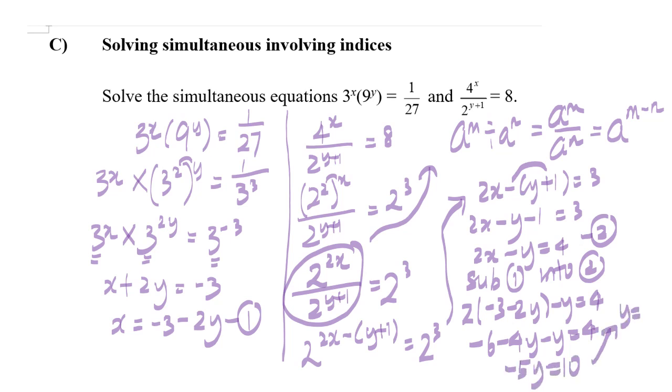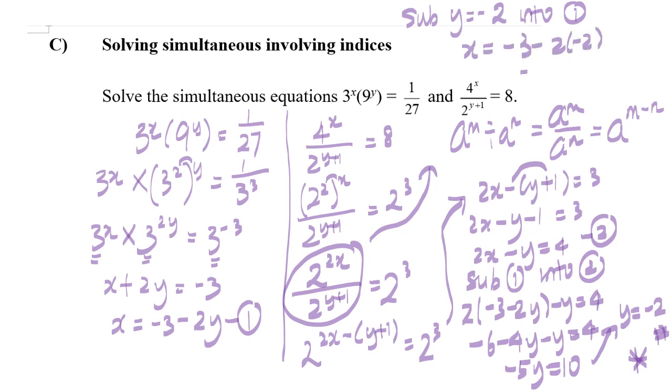So y will be 10 divided by negative 5, negative 2. Alright, so after finding y equals negative 2, I need to substitute back into my equation 1 to find the value of x. So the value of x will be negative 3 minus 2 times negative 2. So that gives me negative 3 plus 4, that gives me 1.